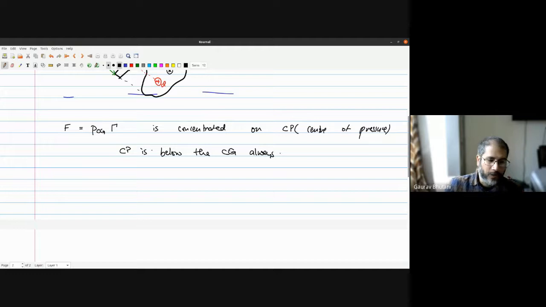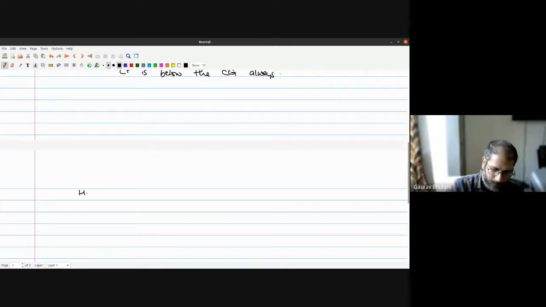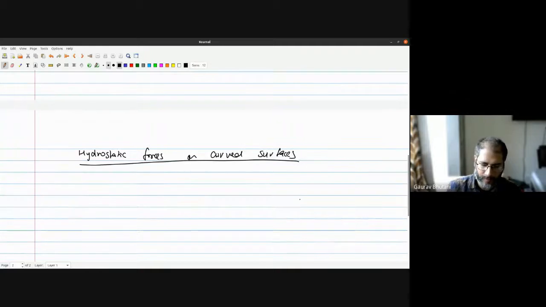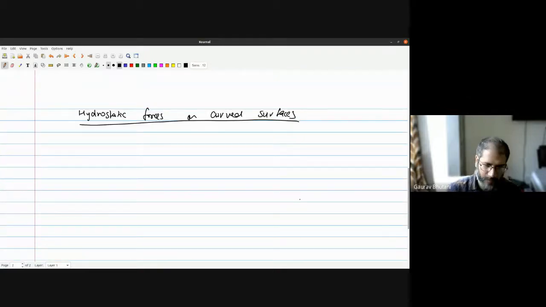Right, so hydrostatics, the next topic is to calculate hydrostatic forces on a curved surface without actually evaluating or estimating integrals. So this is again using a smart use of physical ideas.